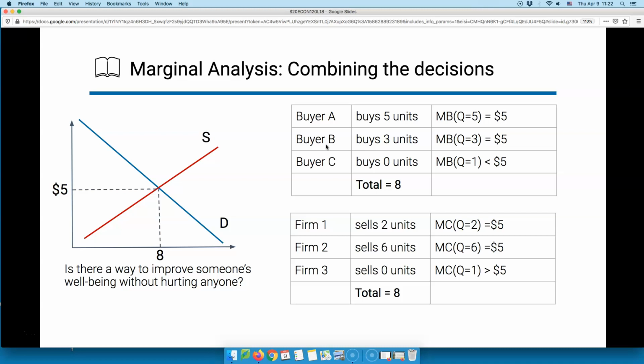But more importantly, when we do that, we take away more marginal benefit from the buyer who we hurt than we give to the buyer who benefits from it. If they weren't buying at 5 to begin with, their marginal benefit of the first unit is less than 5. So reallocating goods that are already produced from consumers who consume a lot to consumers who don't consume much reduces value.